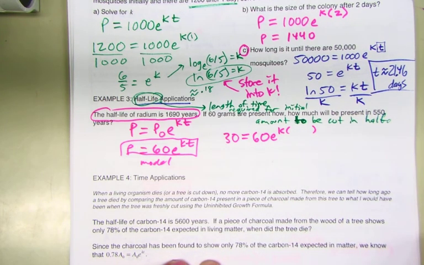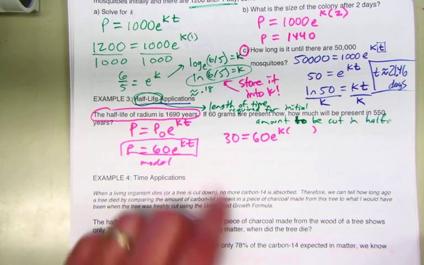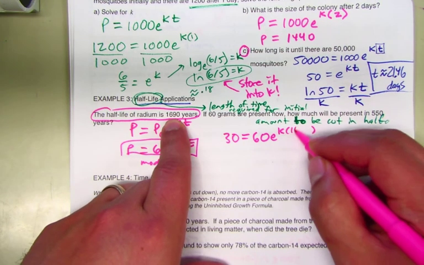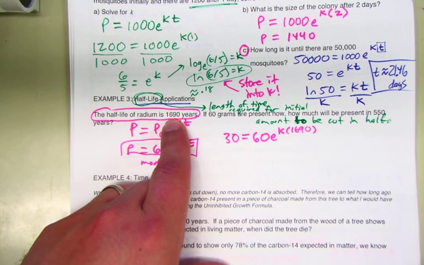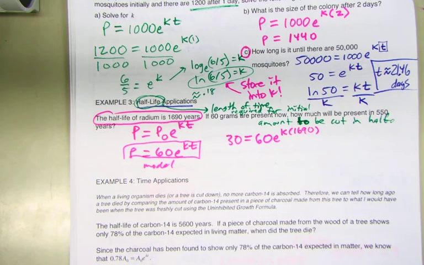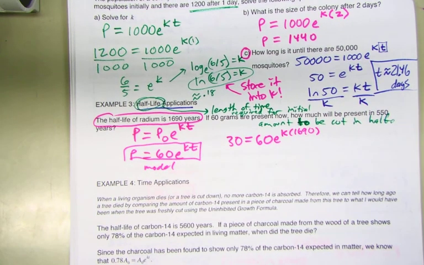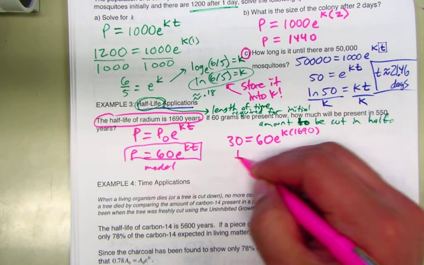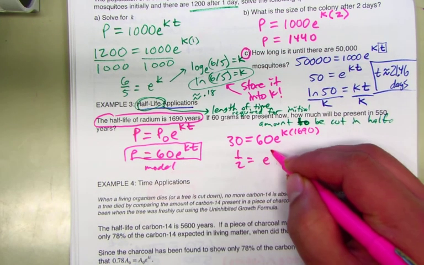Divide by 60. So 1/2 equals e to the, and I'm going to put the 1690 in front just to make it a little nicer. Now what? Natural log of 1/2 equals 1690k. Divide by 1690.